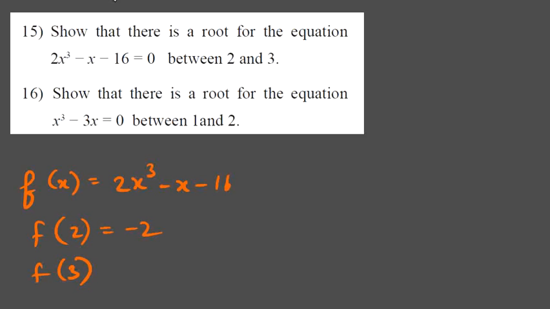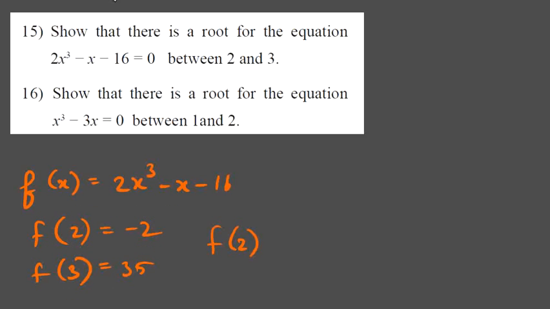Similarly, try evaluating f of 3 because 3 was the next term. So f of 3 will be 2 into 27, that is 54, minus 3, minus 16. So that will be 54 minus 19, which is equal to 35. So you see that f of 2 is negative and f of 3 is positive.